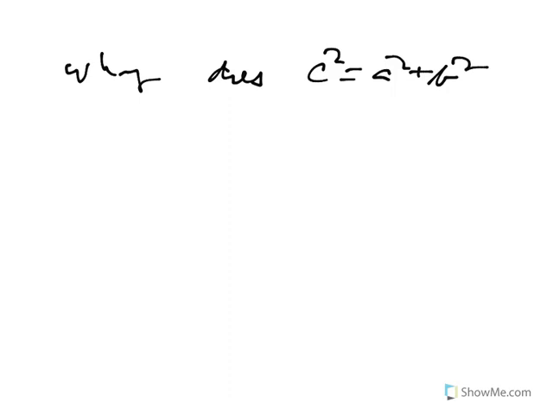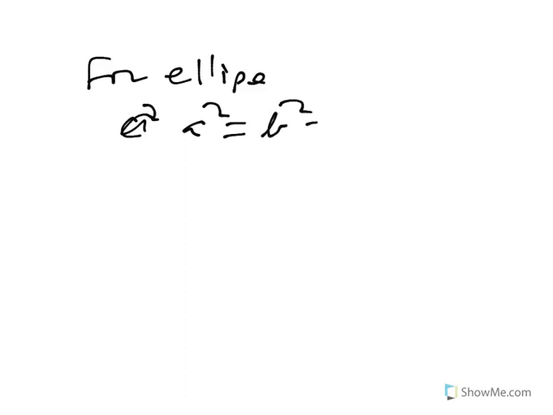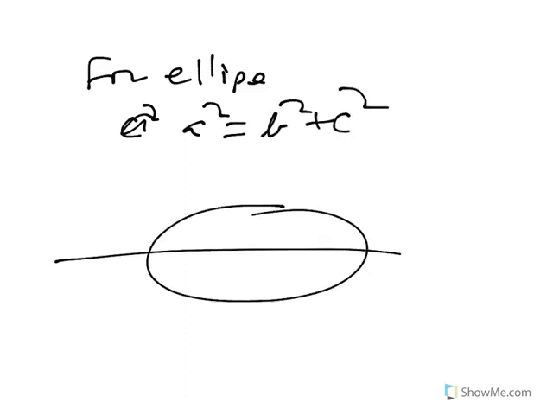And the final mystery is why, for a hyperbola, does c squared equal a squared plus b squared? Well, in an ellipse that wasn't true. For an ellipse, the relationship was a squared equals b squared plus c squared. But for the ellipse, there was a really easy reason why.